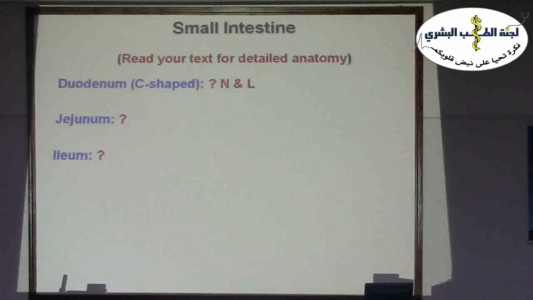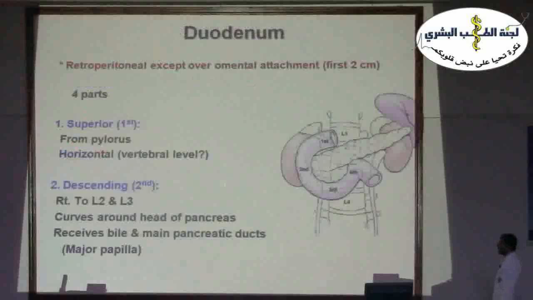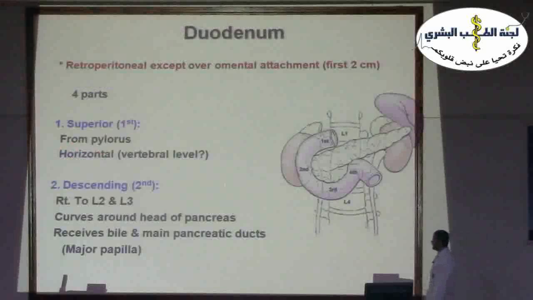So you have around 3.3 or 3.5 meters for the whole small intestine. Jejunum and ileum are intra-, retro-, or what? They are intraperitoneal structures.